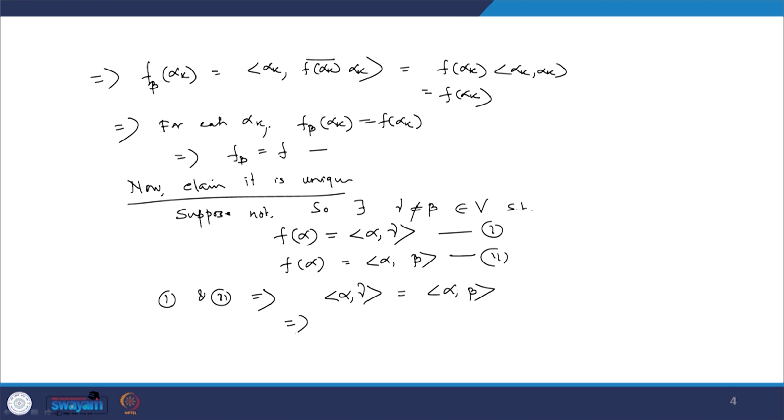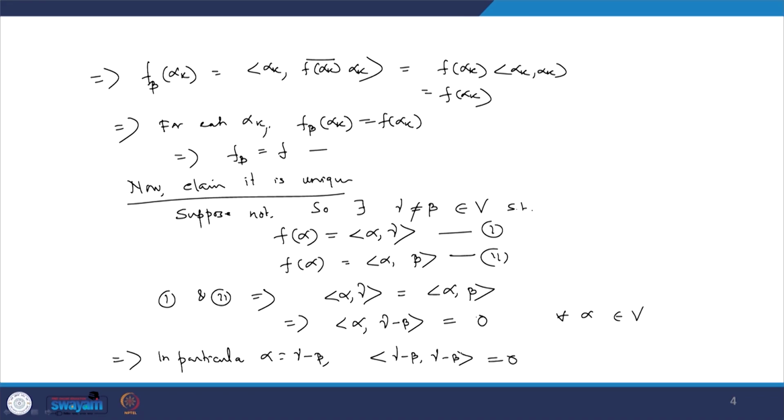So, this implies the inner product of alpha and gamma minus beta equal to 0 for all alpha belonging to V. So, this implies in particular, when alpha is equal to gamma minus beta, in that case we have the inner product of gamma minus beta and gamma minus beta equal to 0.